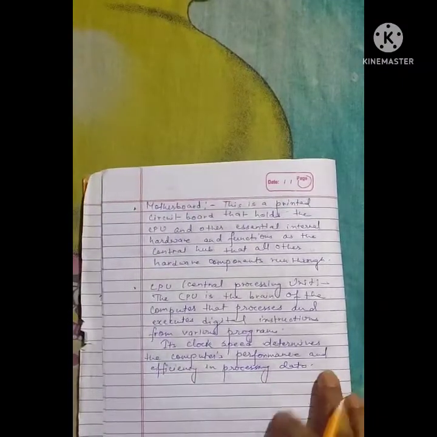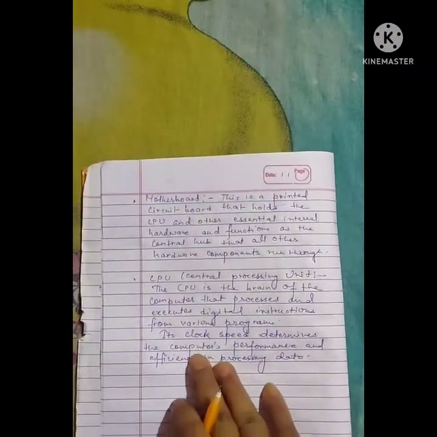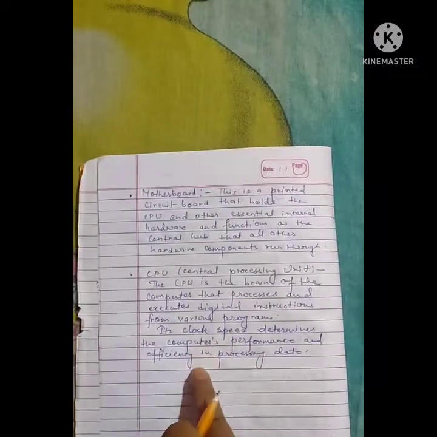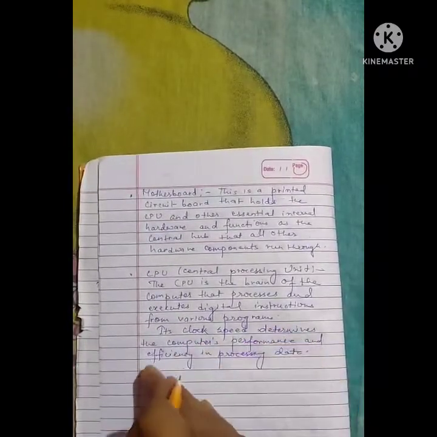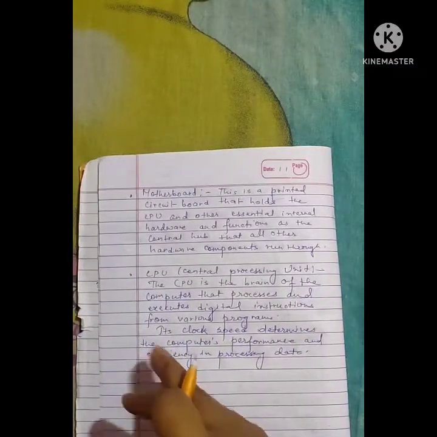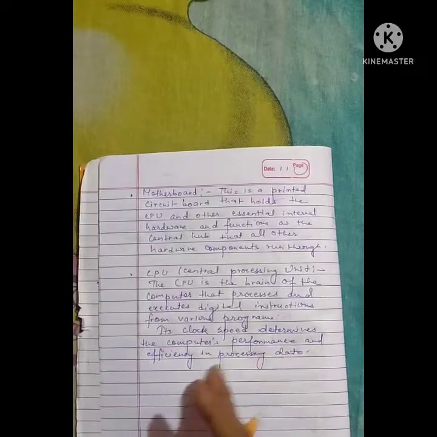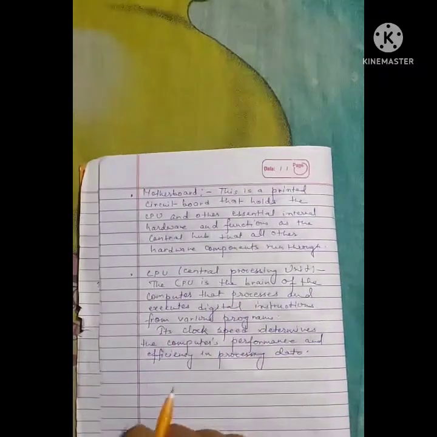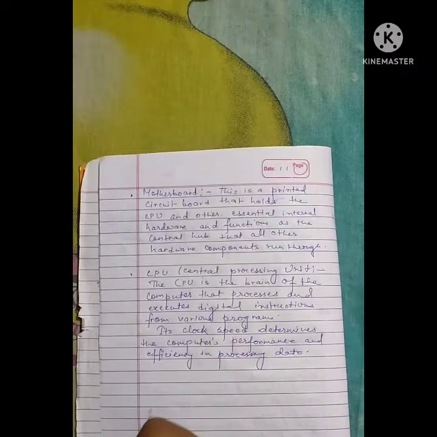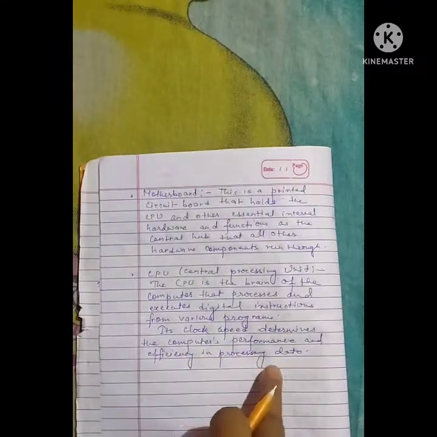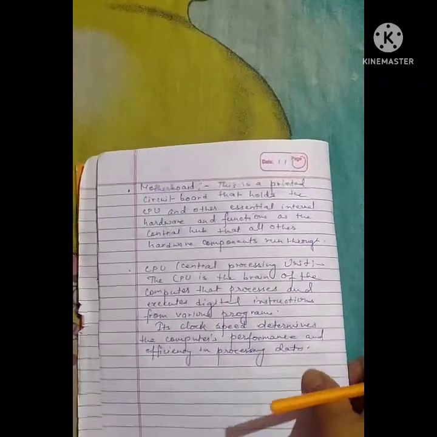So as I told you, there is a clock inside the CPU which is continuously running, and with the help of this clock speed, all the works, instructions or tasks in the computer system are carried out. So the time management is also done by this clock speed and the operating system, which helps the computer to efficiently manage and complete all the tasks that are given by the user.